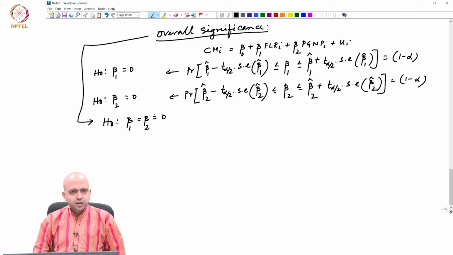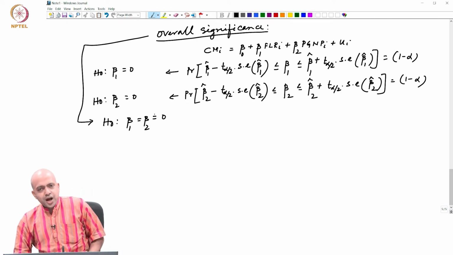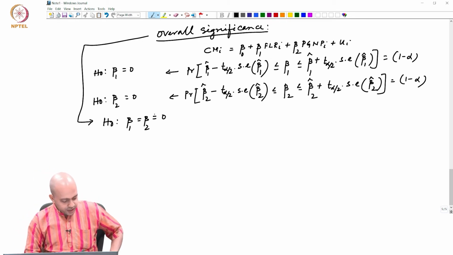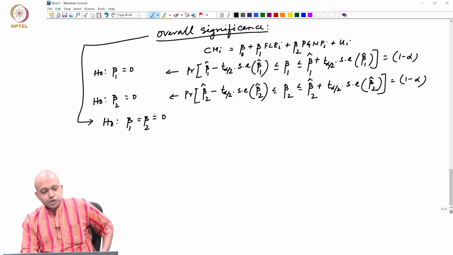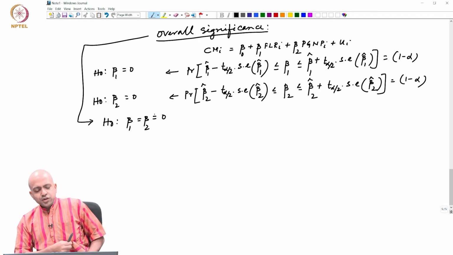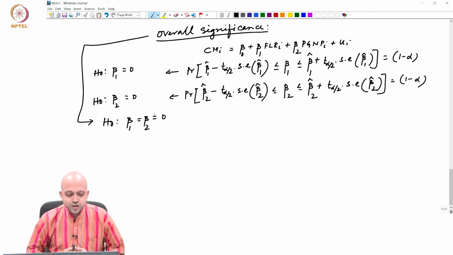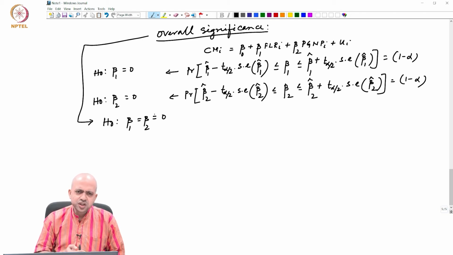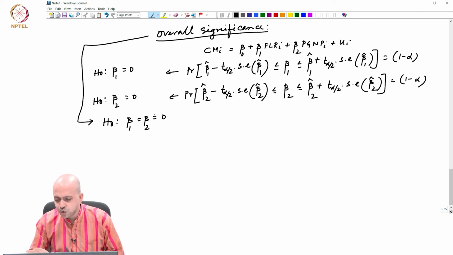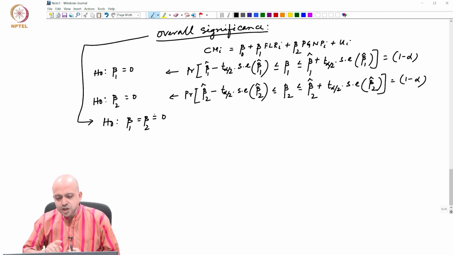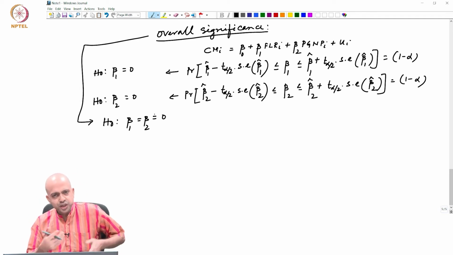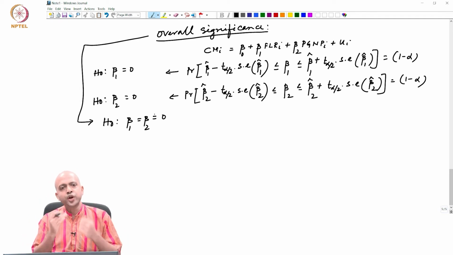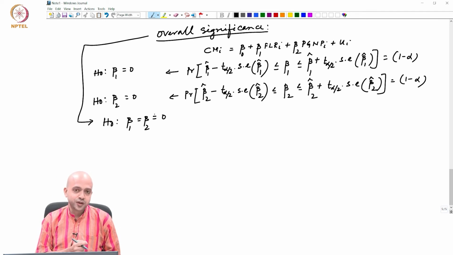That is the question that we are asking here. Individually we have tested the significance of beta 1 and beta 2. Then what is the need of testing the combined significance of beta 1 and beta 2? Can't we say that since these variables are individually significant or insignificant, they are jointly also significant or insignificant?